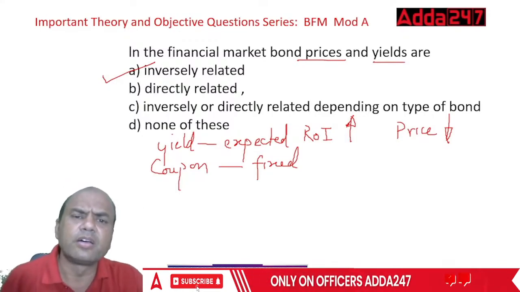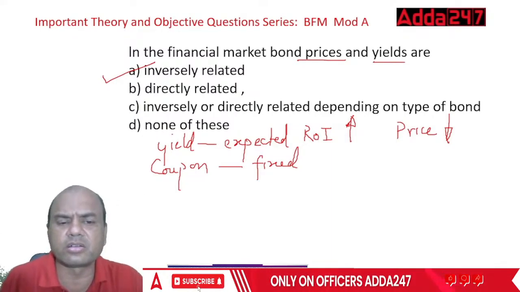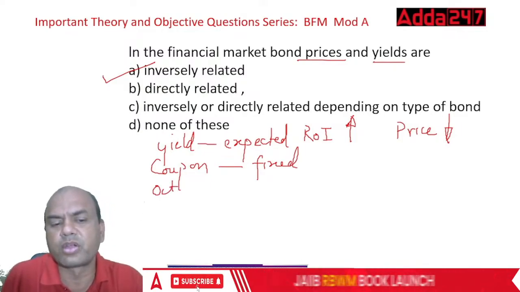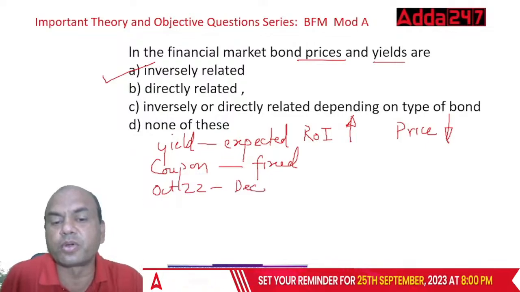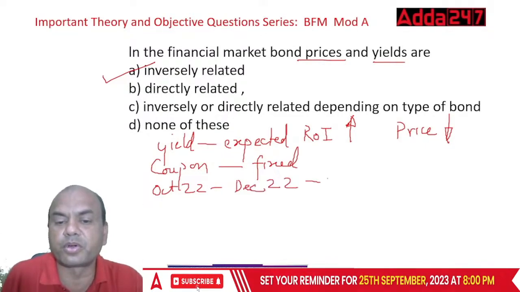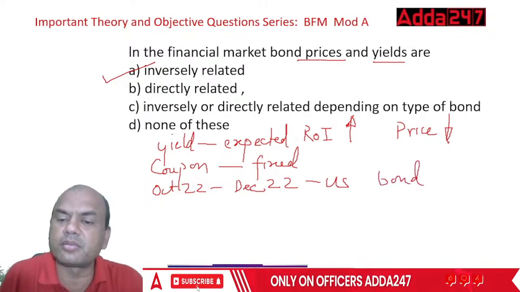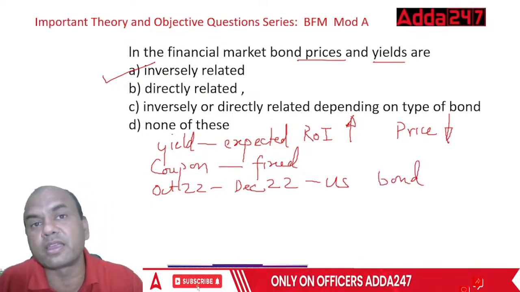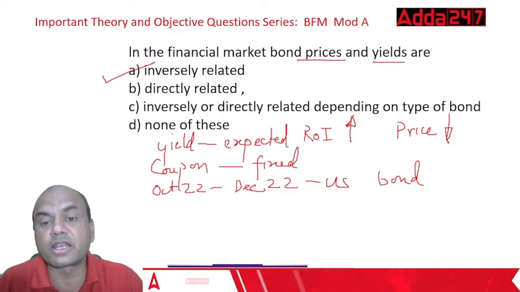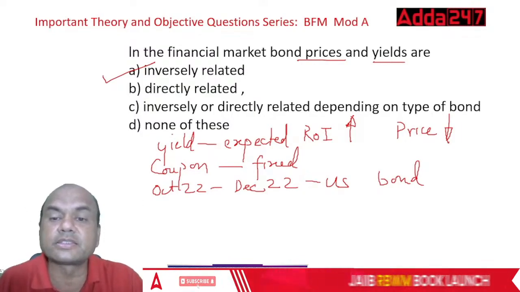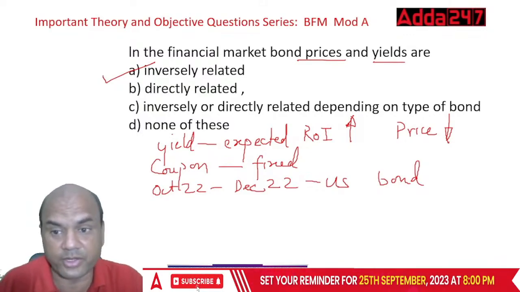Just type on Google, October 22 to December 22, and check the US bond rates. You'll get this. In the US, the prices of the bonds fell like anything. Why? Because the Federal Reserve increased the rate of interest. So that was the point.